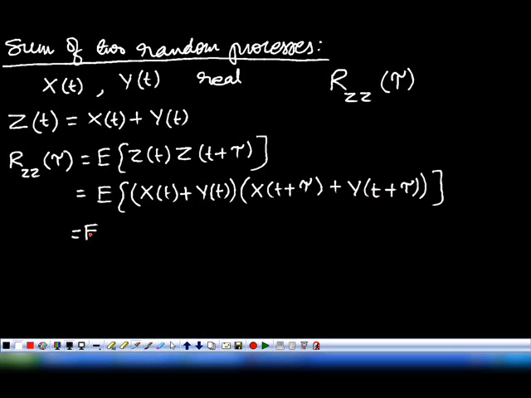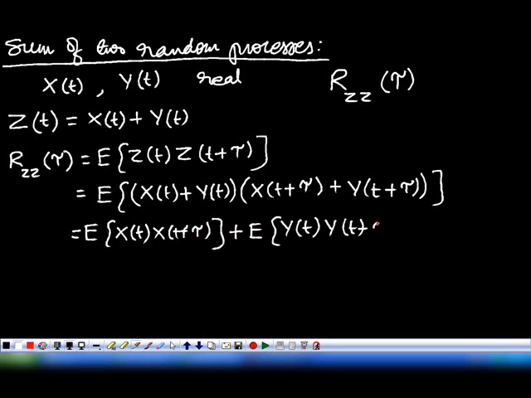Which can be written as the expectation of x of t, x of t plus tau, plus the expectation of y of t, y of t plus tau, plus two more terms.